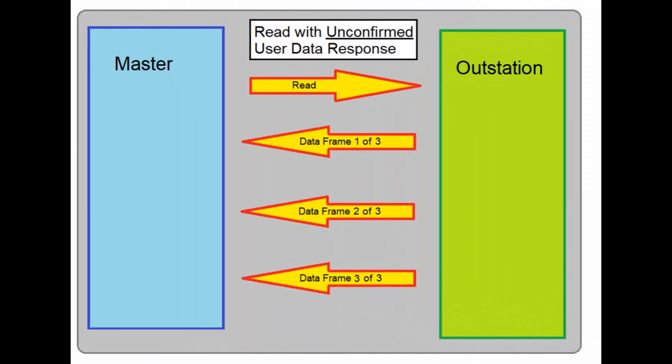The other way to send user data is with function code 3, confirmed user data. The same application data can be sent using confirmed user data as with unconfirmed user data. The big difference comes into play when sending multi-frame messages. With unconfirmed user data, the multiple frames are sent in sequence without further input from the receiving station.